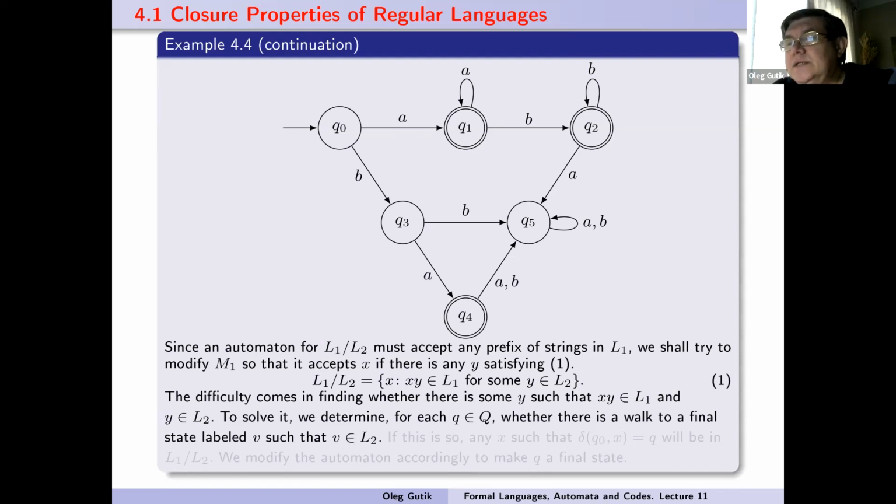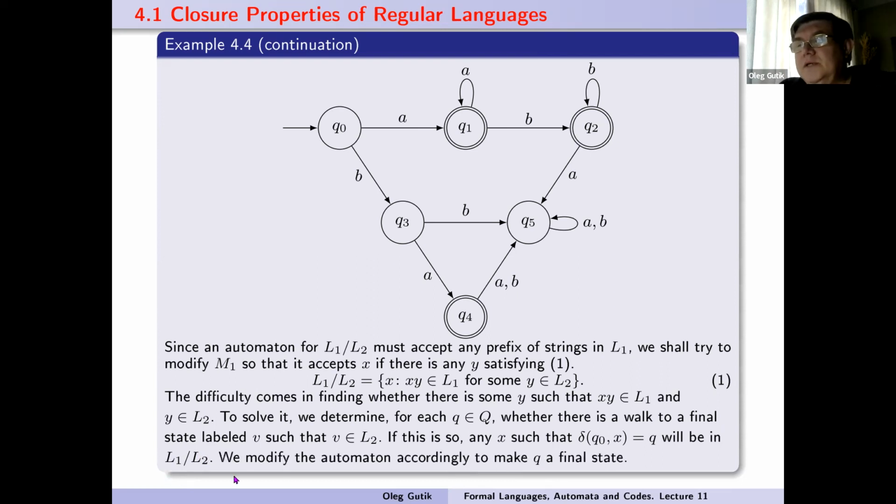To solve it, we determine for each state q from Q whether there exists a walk to a final state labeled by a word v such that v belongs to the language L2. If this is so, any word x such that delta(q0, x) is equal to q will be in the right quotient of the language L1 with the language L2. We modify the automaton accordingly to make q a final state.